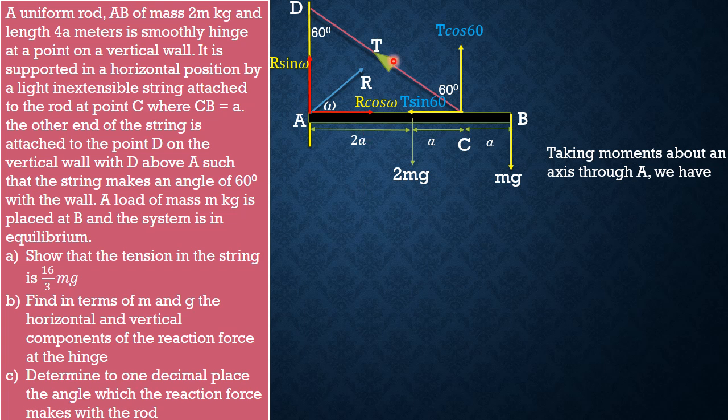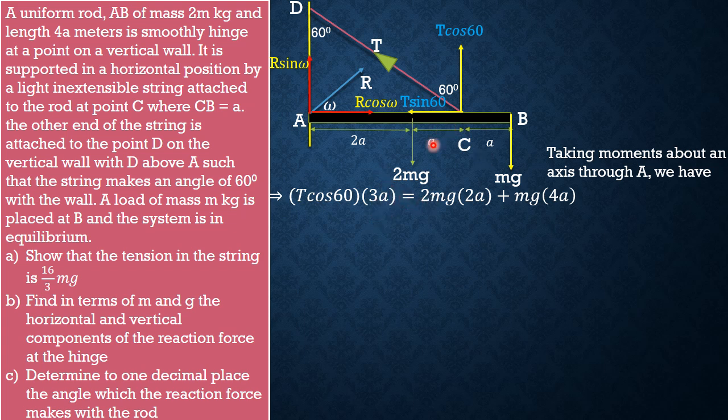So the anti-clockwise moment that we have, guys, is what? T cos 60 times the perpendicular distance from the pivot. Since this distance is a and this is 2a, a plus 2a gives us 3a. Good.